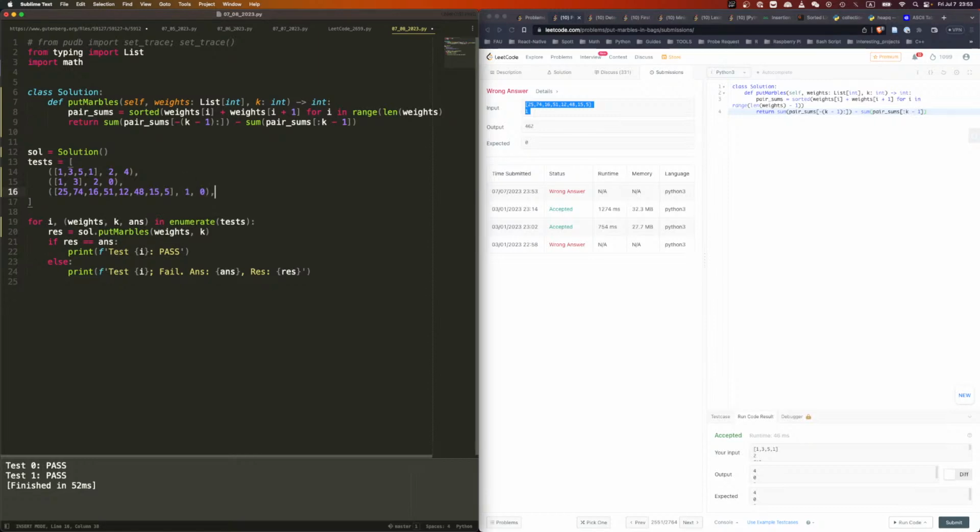Oh yeah, k equal to 1. We have 0, we don't put anything. I think k equal to 1 should be a special case, because if k equals 1, this goes from 0 to the end, and this is not right.